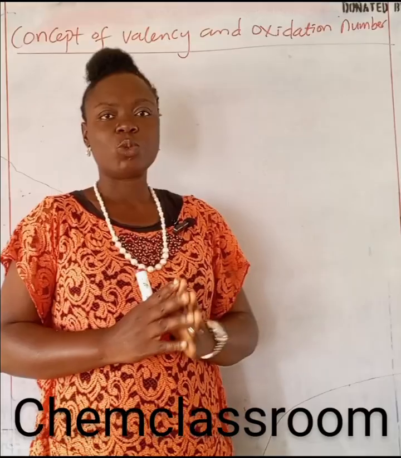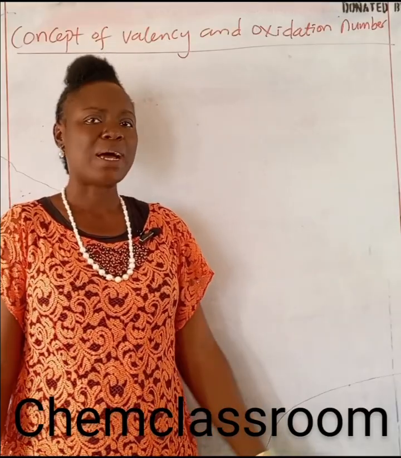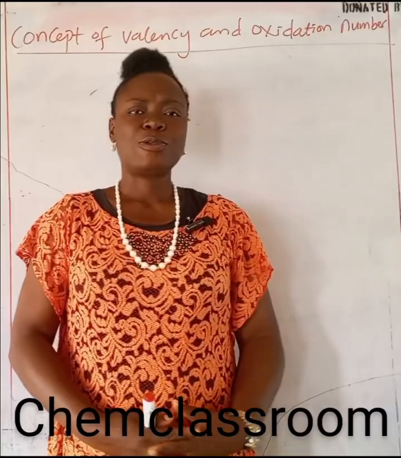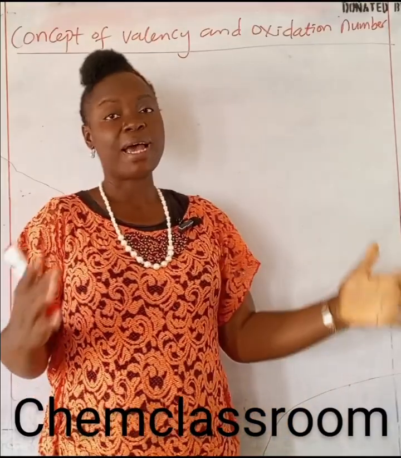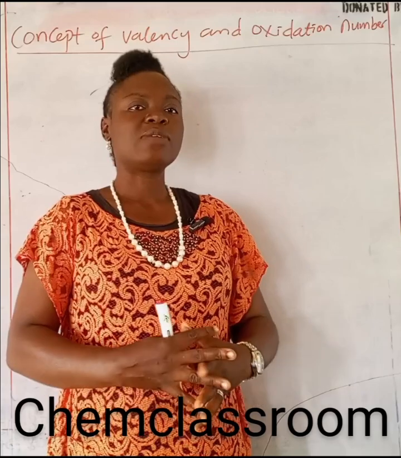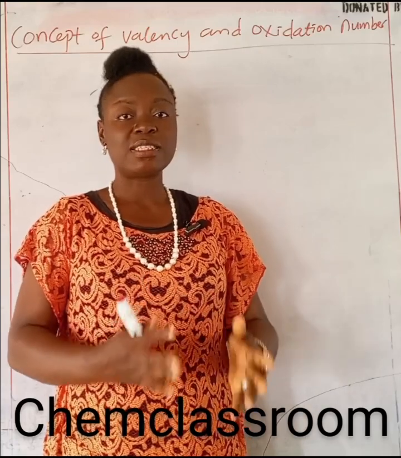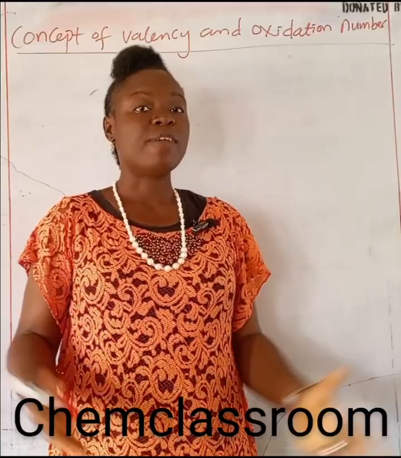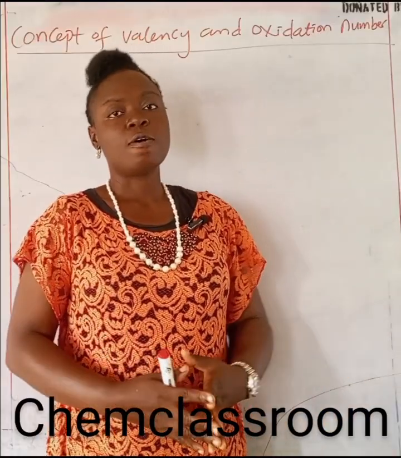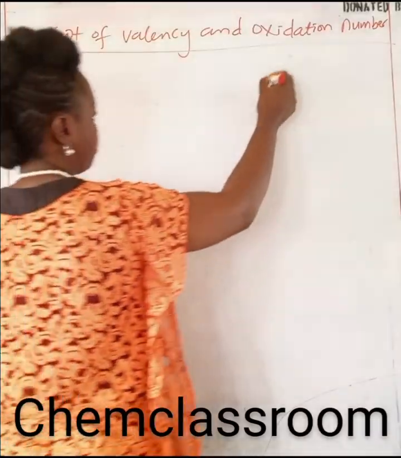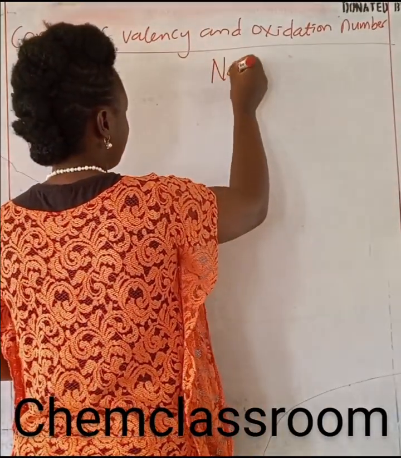Yes, at times we see some compounds, we start to wonder, how are these things formed? Now valency is the combining power of an element. At times we can also say the valency of an element is determined by the number of electrons at the outermost shell. For instance, using sodium, the atomic number is 11.